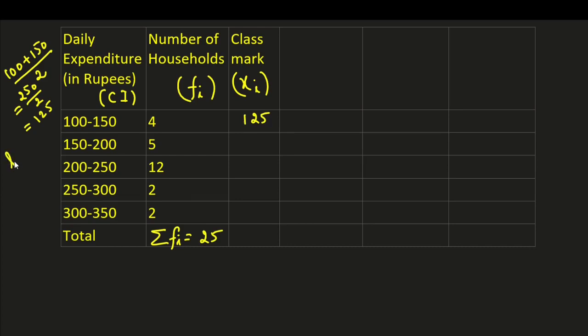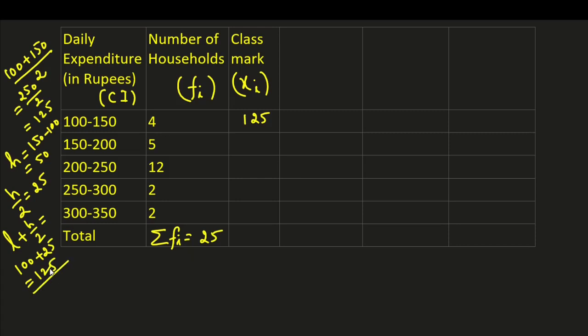Or we can take the class size. Class size is 150 minus 100, which is 50. Half of the class size is 25. Add this half of class size to the lower boundary. So L plus H by 2, here we get 100 plus 25. It is 125.